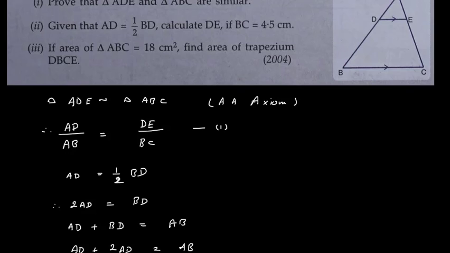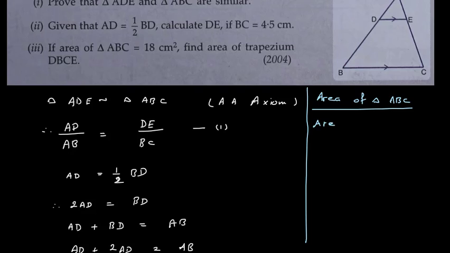Now if the area of ABC is 18, find the area of the trapezium. So now I will write area of triangle ABC upon area of triangle ADE.